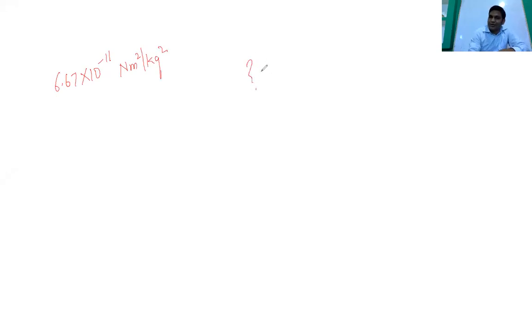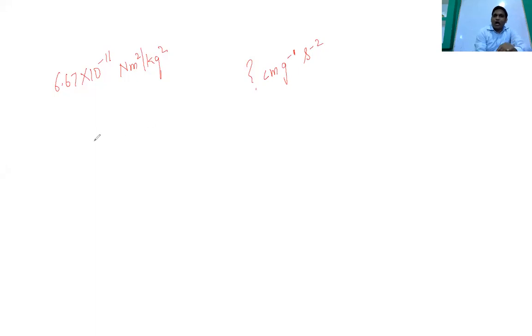What was that unit? CGS. Sir, centimeter gram second minus 2. Okay, it was centimeter gram inverse second to the power minus 2. Wasn't it?